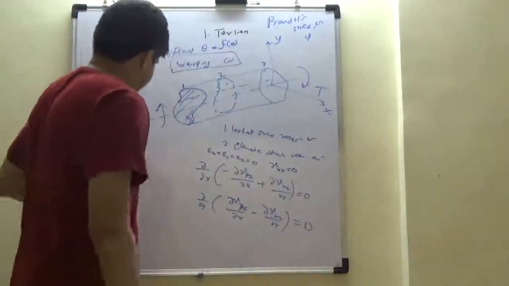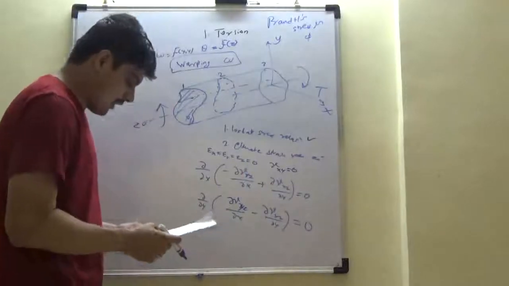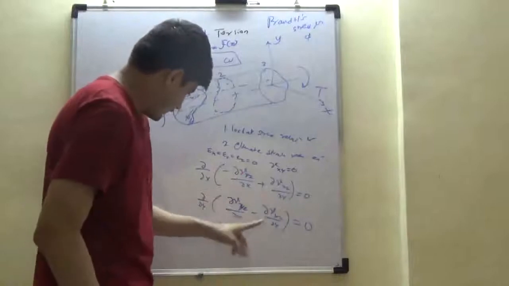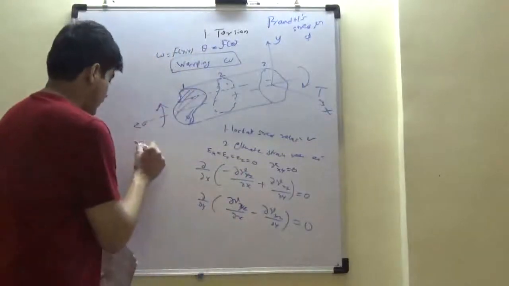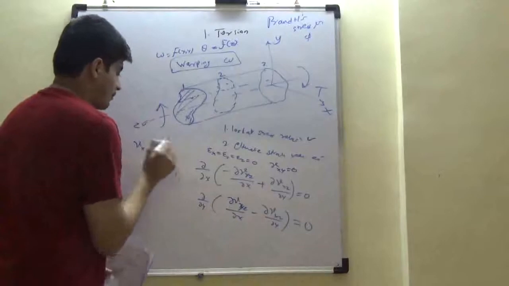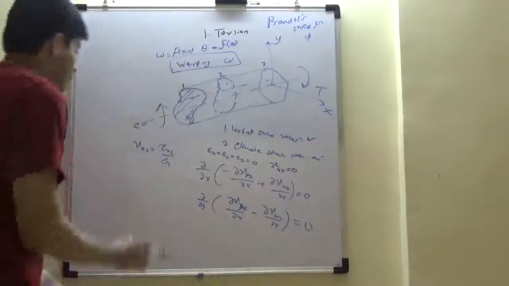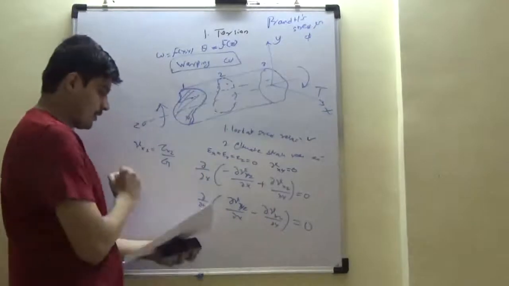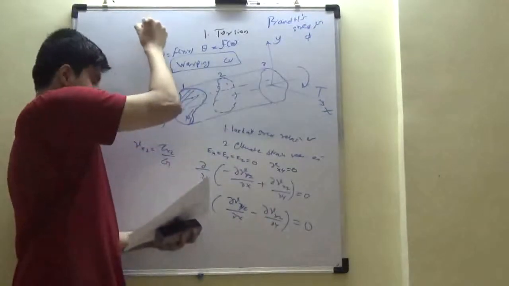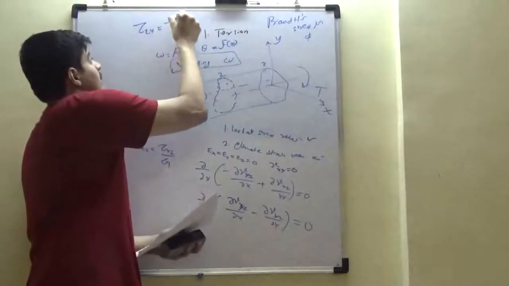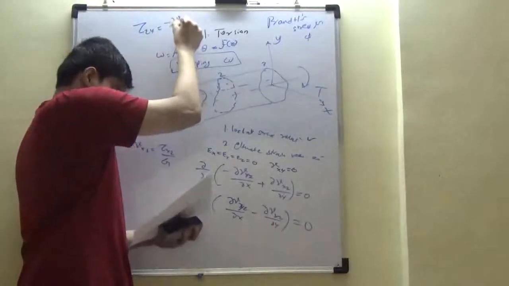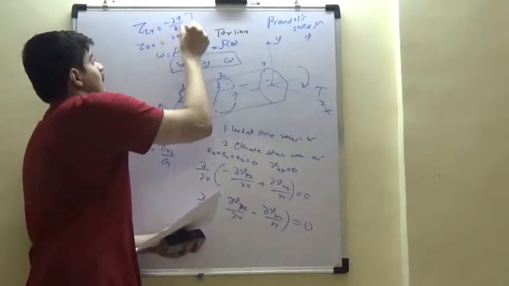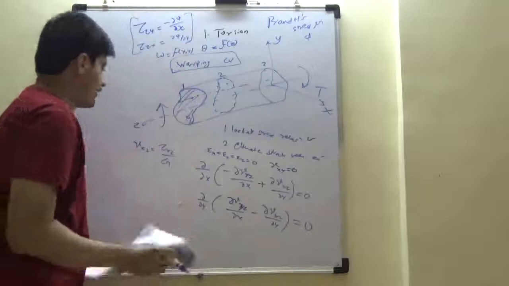These two relations are of extreme importance, because what they are telling me is gamma xz here is related to tau xz simply by a factor of G. But tau, based on Prandtl, is very clearly known to me. Let's keep writing this. Tau zy is minus del phi by del x. Tau zx is del phi by del y. Let's always remember these. We will need this.